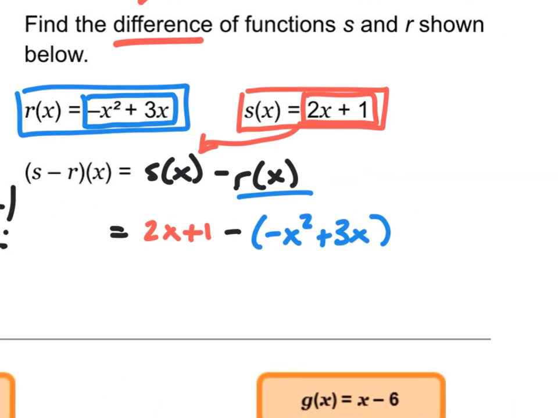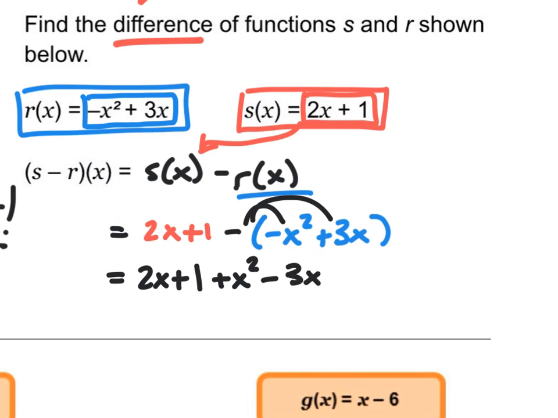The reason why is because when you subtract this quantity, you have to distribute this negative into that other quantity. So as a result, you get 2x plus 1 minus negative x squared, which is really plus x squared, and then minus positive 3x is really minus 3x.